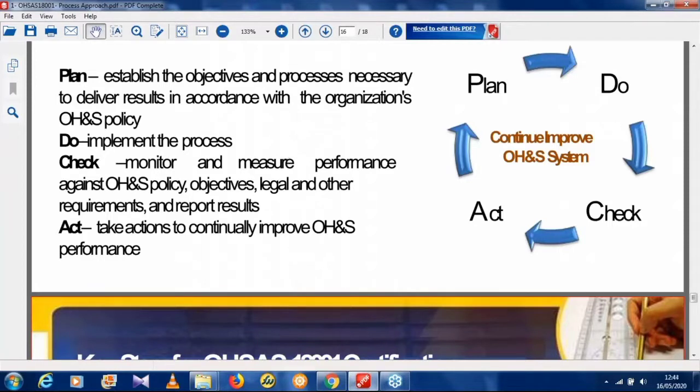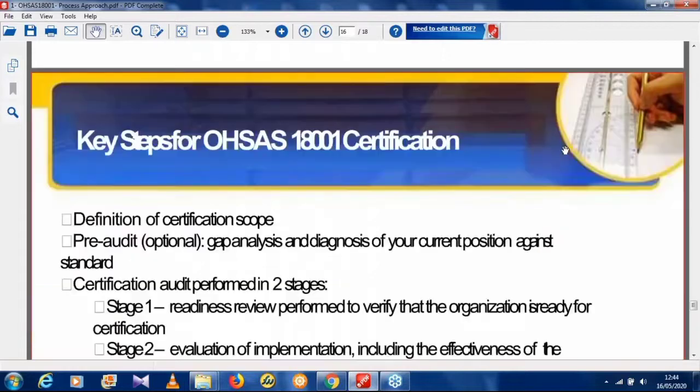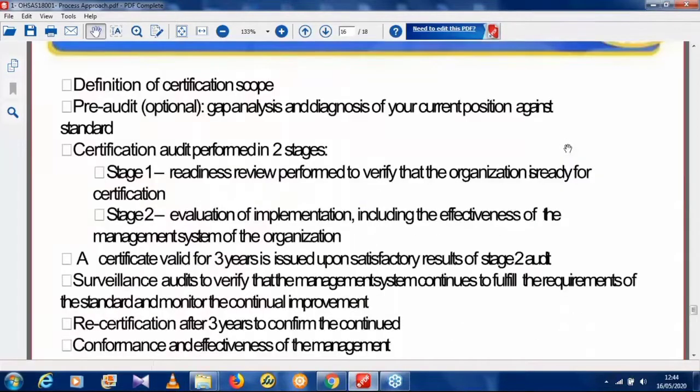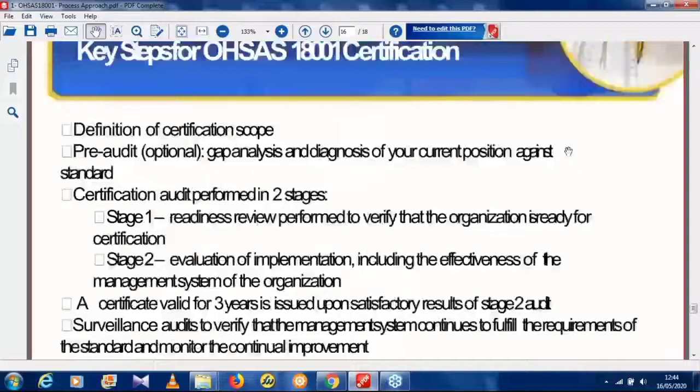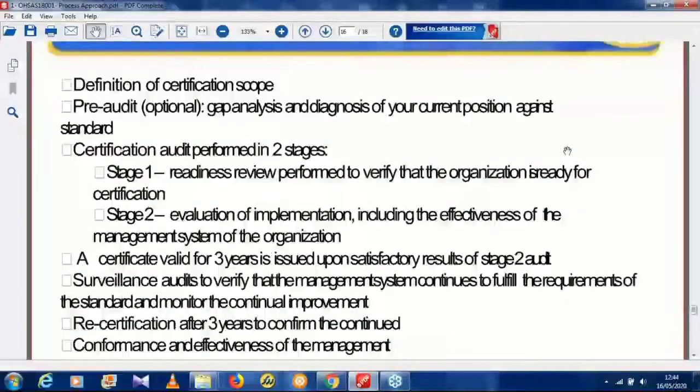Okay, so all that describes what we are talking about. So the key steps for OHSAS 18001 are definition of scope, pre-audit, then certification audit performed in two stages. Stage 1 is the readiness review, then stage 2 is the evaluation of implementation. All right. Then the certificate, valid for 3 years, will be issued.